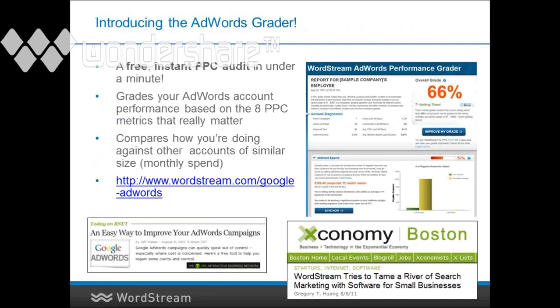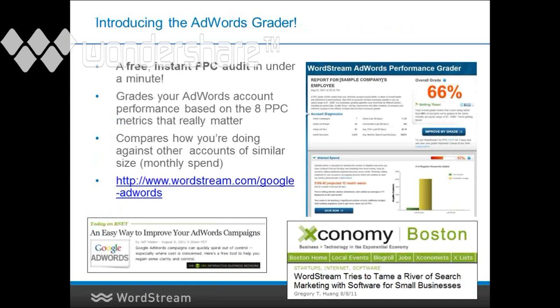And as I was mentioning earlier, a lot of the insights are generated through the AdWords Grader, which is a free, awesome PPC audit tool. You can check it out right now. You're on a website browser right now, so just open another tab and go to www.wordstream.com/Google-AdWords, or you can just go to the WordStream homepage and click on the link that says Grade My Account.